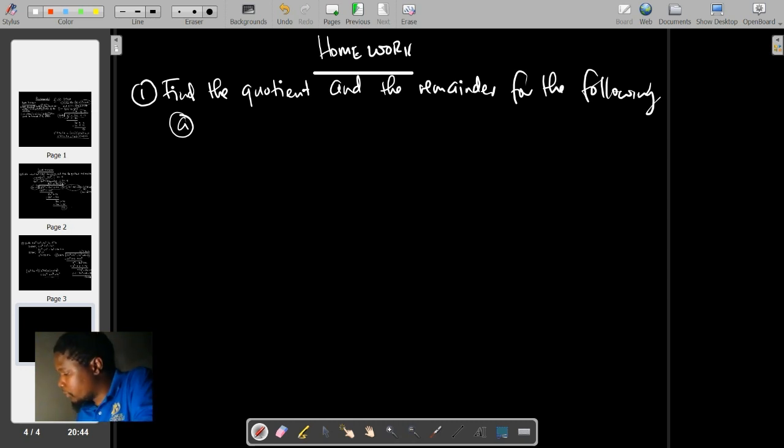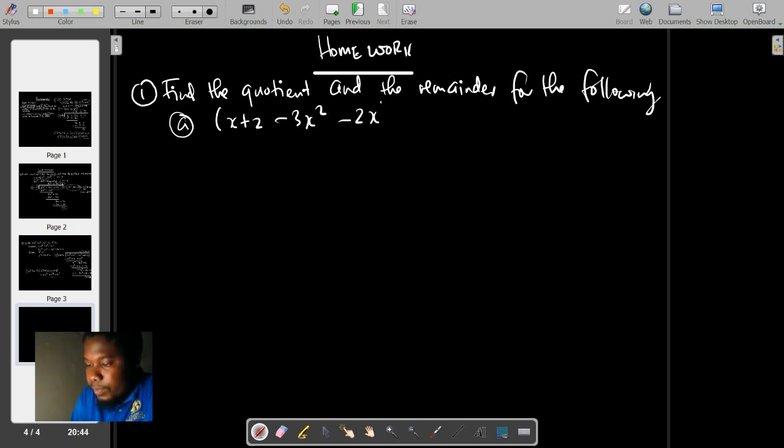Number A is x plus 2 minus 3x squared minus 2x to the power 3, divided by 1 plus 2x.